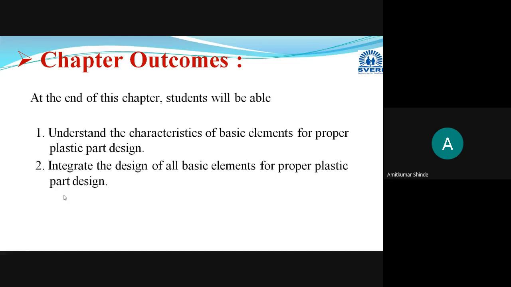For a particular application, which material you are going to use and how that particular design is done, you will be able to understand. In short, the basic elements required to design any plastic part, and the procedure to follow while designing it, that you will be able to do after studying this chapter. That will be our objective, or the outcome of this chapter.